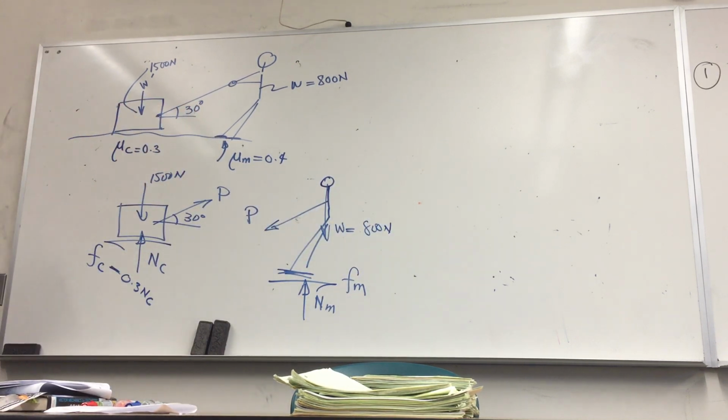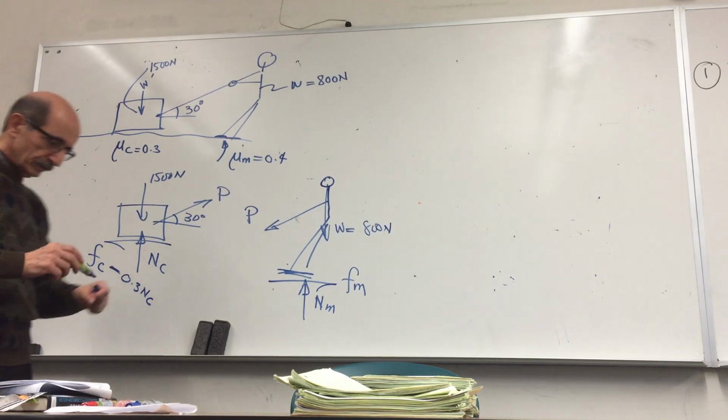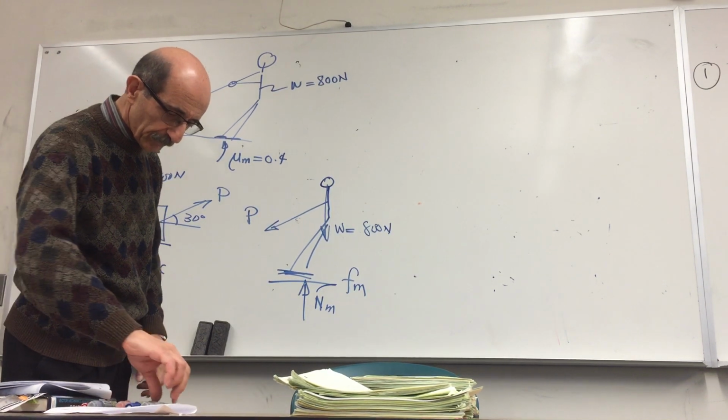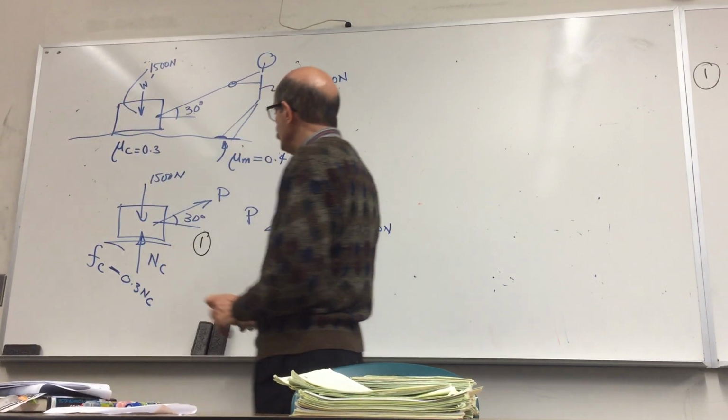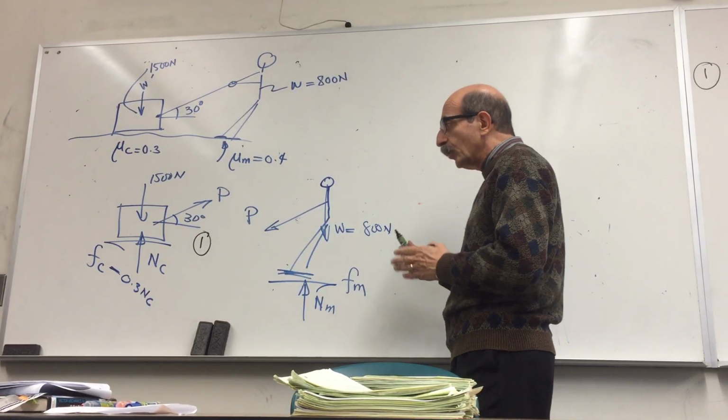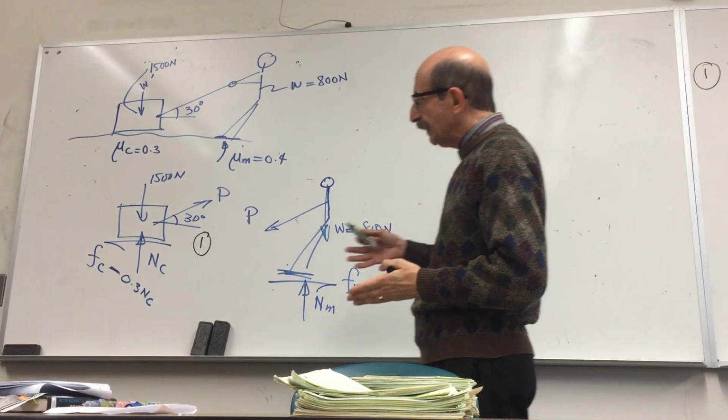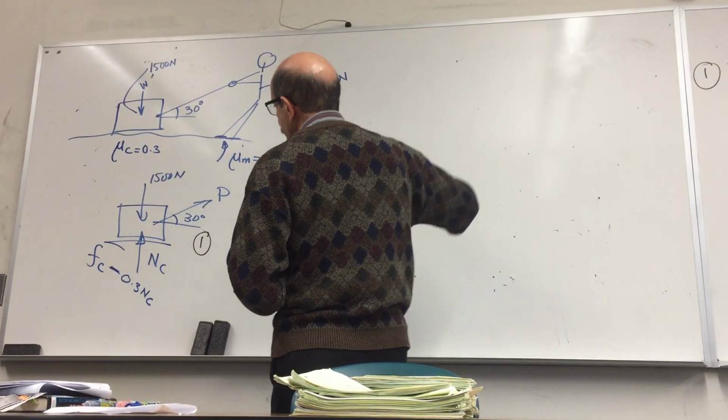So that's the free body diagram of the guy. If you want, I can quickly solve the problem. From the first free body diagram, do not find more than the unknown that you need. That's what I would do here.